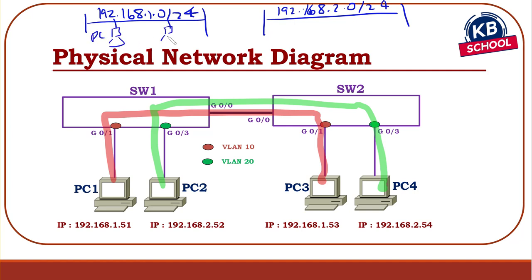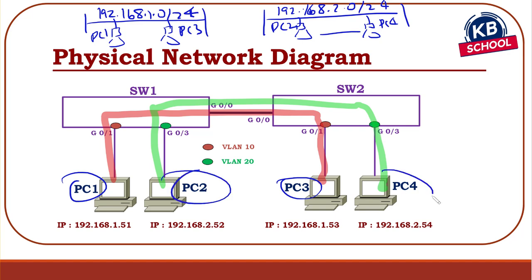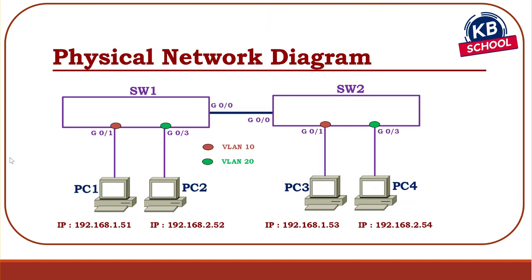PC1 on it, PC3 on it, these two guys. And then I have PC2 and PC4 on this logical network, and they are able to ping each other, these guys. All right, now that's done. One last thing over here is VTP.